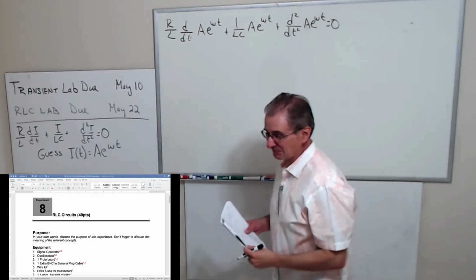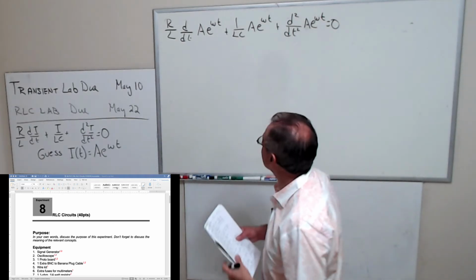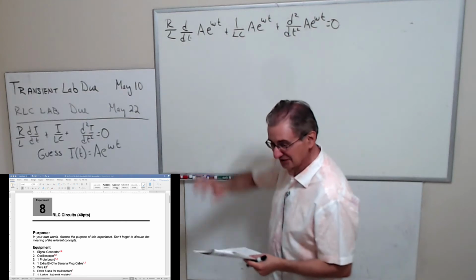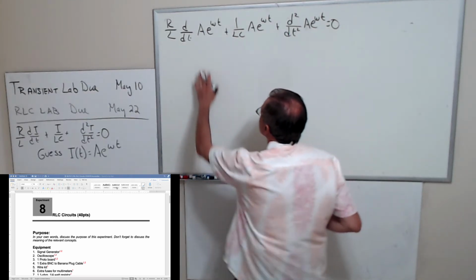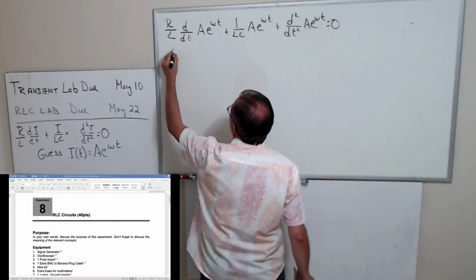What's nice about the exponential function is when you take the derivative, you get the same function back times constants, right? So isn't it true that when I take the derivative of this, I'm going to get the following?